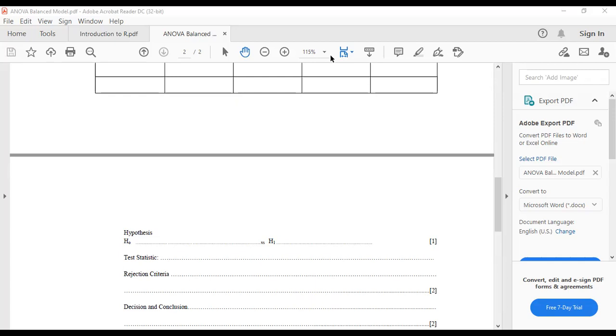Mu i is not equal to mu j for at least one i. So can you please repeat? I should not be equal to j. Mu i is not equal to mu j, right? When you are saying i is not equal to j, for at least one i. Oh, okay. At least one. Thank you.